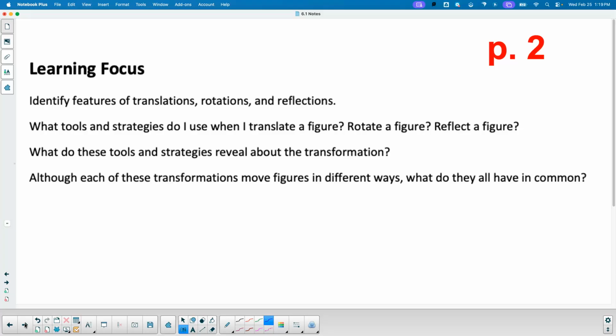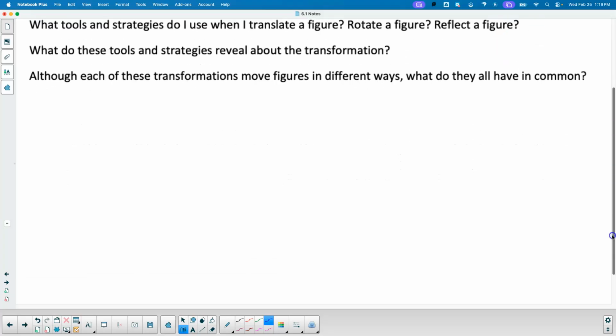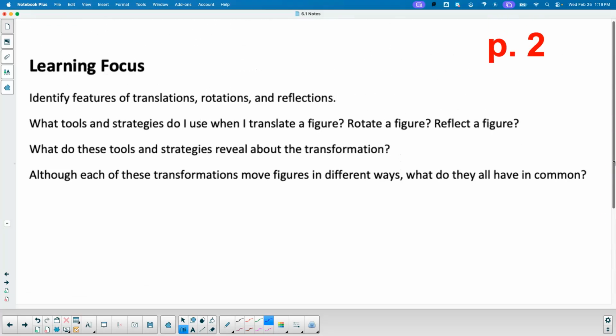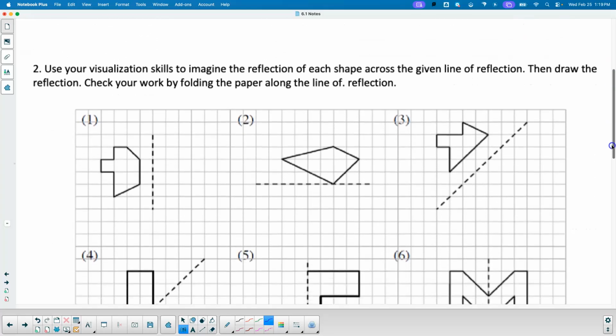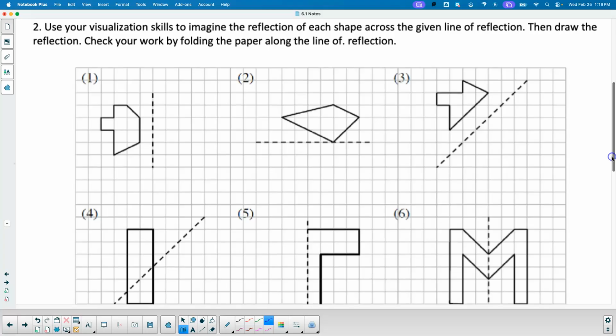Page 2. We'll skip the word part and go right down here to reflections. We'll do number 1 together, and then I want you to do the remaining 5.